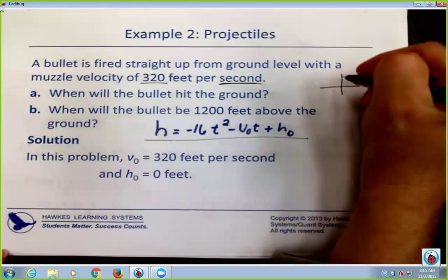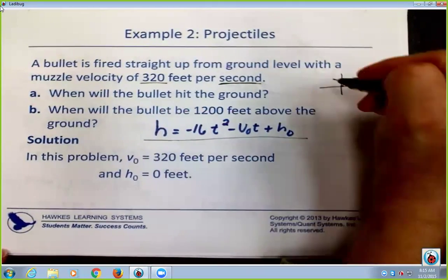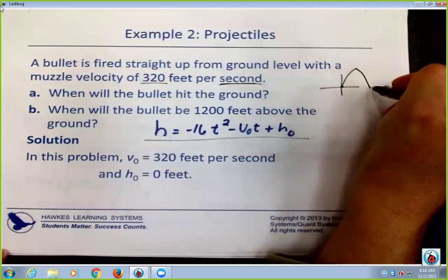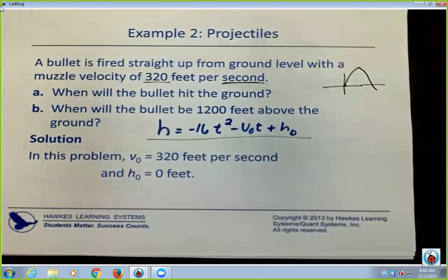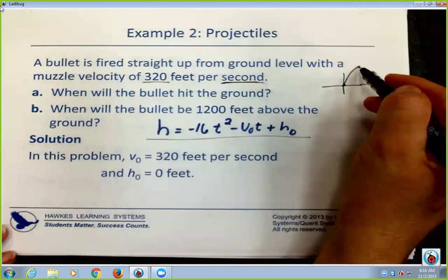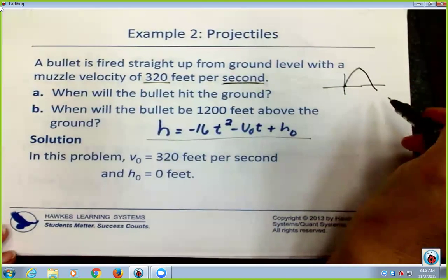So in this case, you're shooting from the ground. The bullet's going to go up, but what happens to bullets? They'll go up a certain distance, and then they come right straight back down again. Okay? So they're going to come back down, and they're going to end up eventually hitting the ground. So if you fire a gun up in the air, it's going to come down at some point.